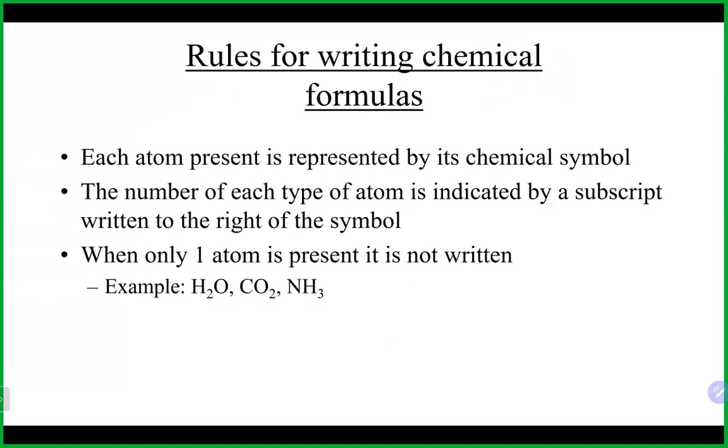Each atom is represented by its chemical symbol, and symbols for elements are either 1 letter or 2 letters. A reminder that if you are writing a symbol for an element, you want to capitalize the first letter and use lowercase for the second if it is a 2-letter symbol.